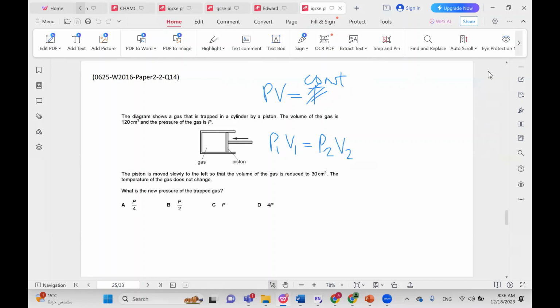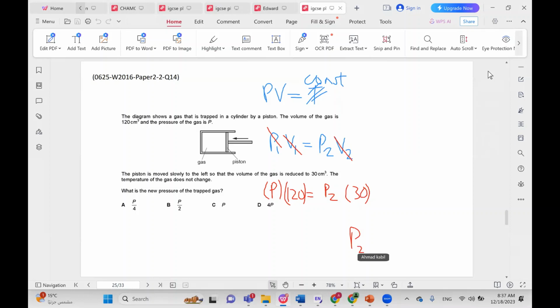Now, what quantities do we have? We have that the initial volume is 120, and we have the initial pressure as P. For the final state, the volume is 30, and we want to find P2, the final pressure or the new pressure.